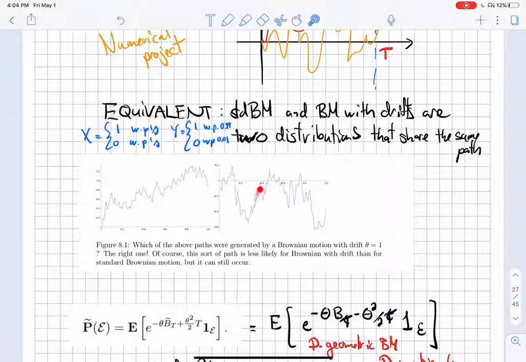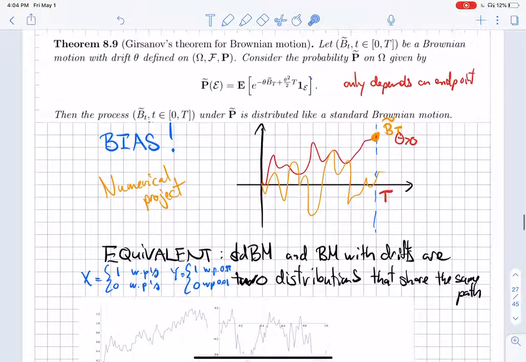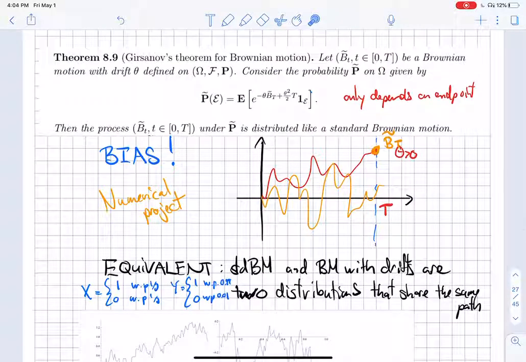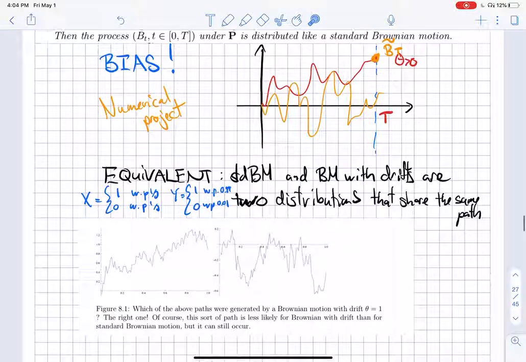Same thing here. It's atypical for Brownian motion with drift, so I had to wait a long time, but I saw it eventually, okay? The probability is small, but it's not zero. Okay, so Brownian motion with drift shares the same paths as Brownian motion. So that allows you to change the probability by a factor here, and that's it.